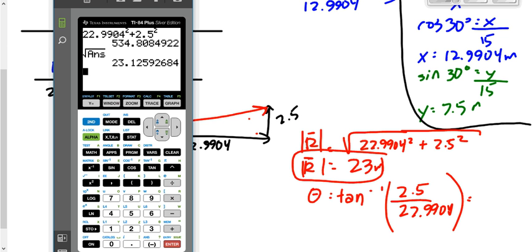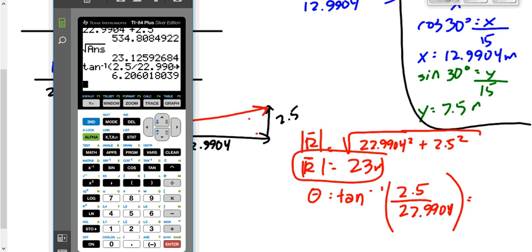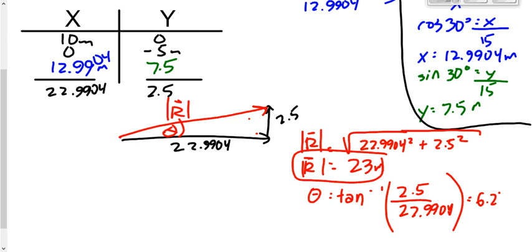That's going to be a really small angle, isn't it? Because my rise there isn't very much at all. I get 6.2 degrees. What would that be? 6.2 degrees north of east. Good.